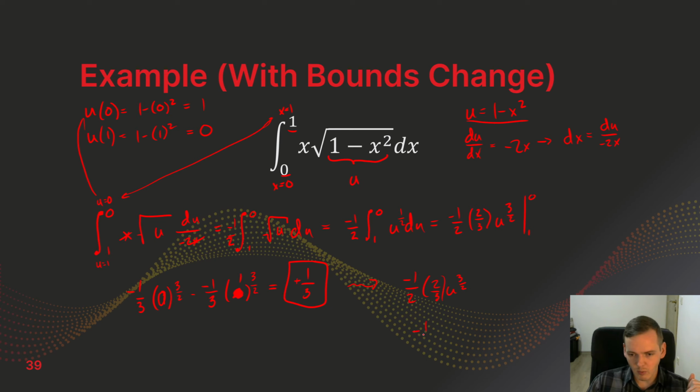So negative 1/3 times 1 minus x squared to the 3/2, and then using the original x equals 0 and x equals 1 bounds. So you can do this, it's totally fine when you get to the end to take that u and plug in what it was in terms of x.